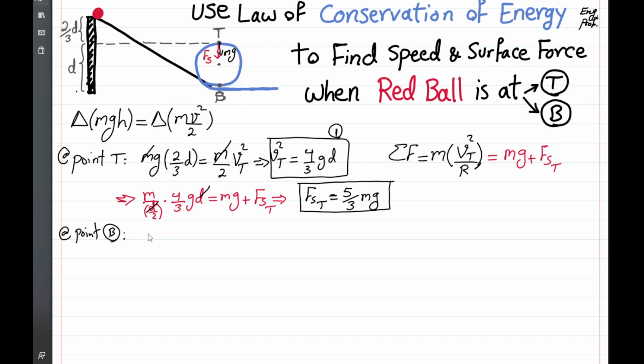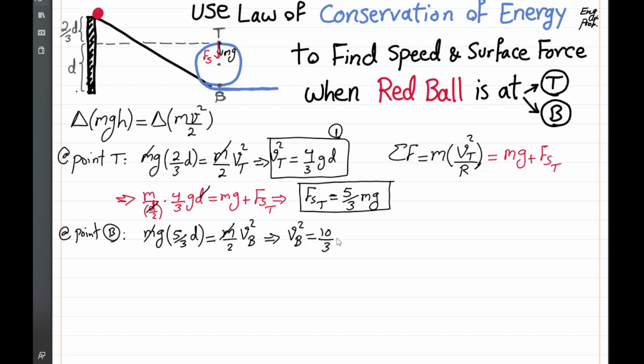In that case, the delta mgh is simply mg times 5 over 3 d, which is the sum of 1d plus 2 over 3d, equal to delta kinetic energy, which is m over 2 times v of the ball at the bottom squared. Again, m cancels out from both sides, and what we get in this scenario is the speed squared of the ball at the bottom is equal to 10 over 3.